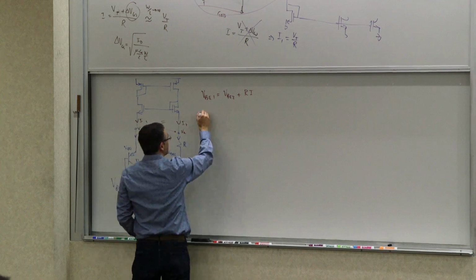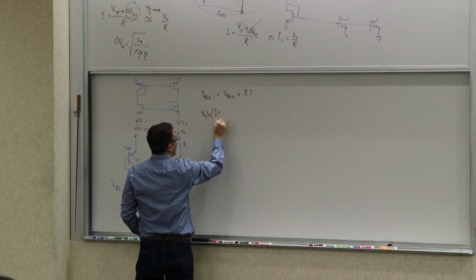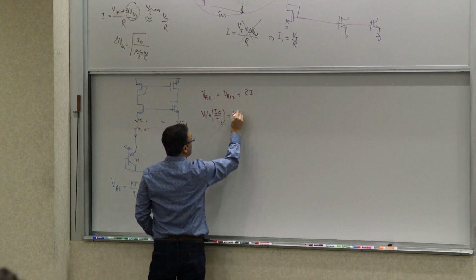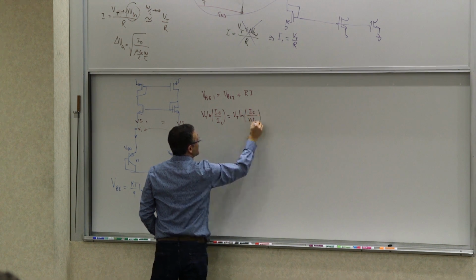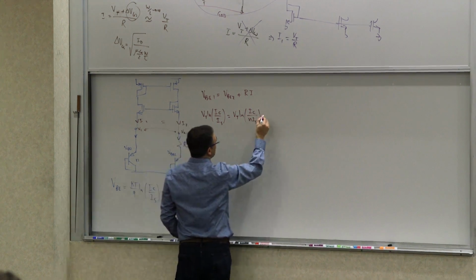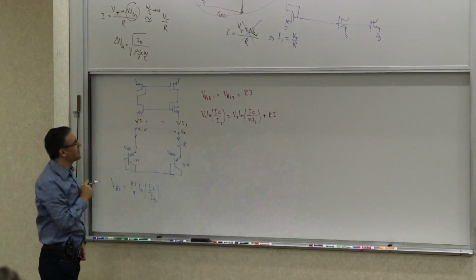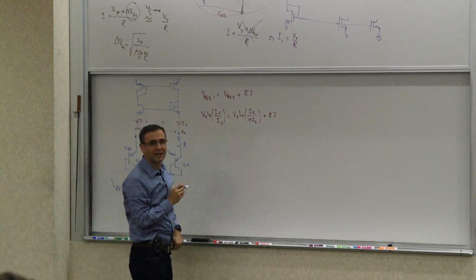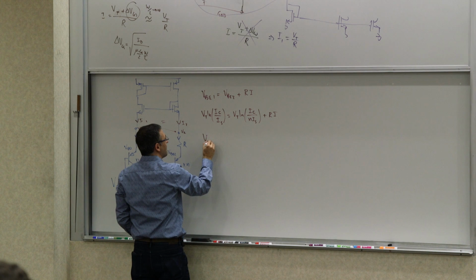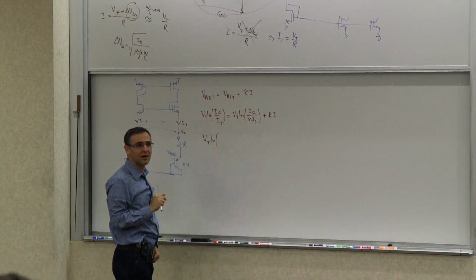But we can express these in terms of VT: VT natural log of IC over IS, and this one is VT natural log of IC over n IS, because this is n times greater. You can put n copies of that transistor. And this is what you get. Now, if I move this to the other side, what happens? You see VT natural log of the ratio of the arguments, right?